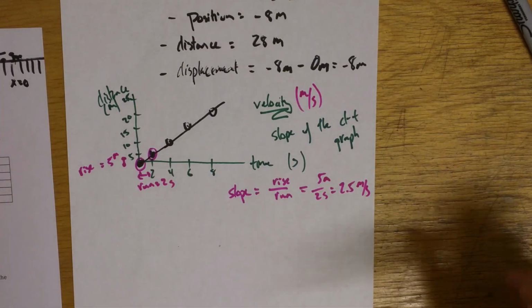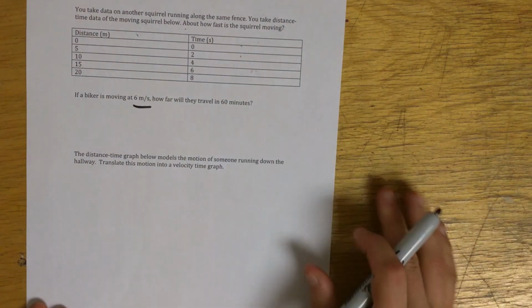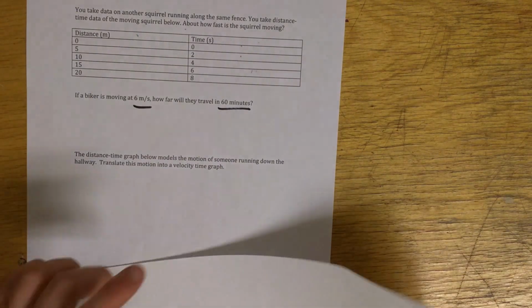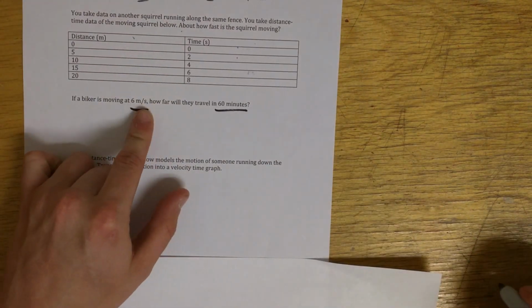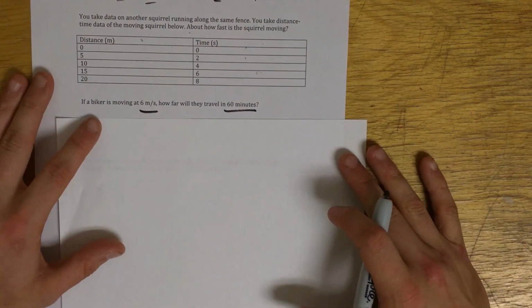Okay, let's say that we have a velocity. Let's change context to a biker who's moving at 6 meters per second. And I want to know how far they're going to travel in 60 minutes. Well, there's a discrepancy here, because one is measured in seconds, the other is in minutes, so we need to make these units consistent.